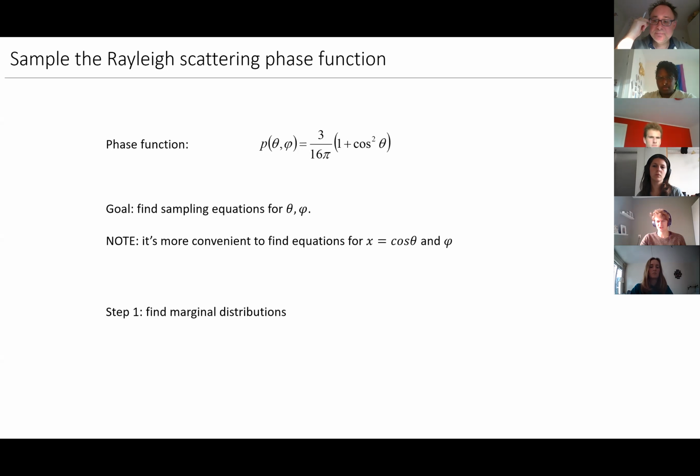So was the marginal distribution the 1 over 2 pi for? Yeah, that was the one for phi. Okay, it was just 1 over 2 pi, and then for the marginal distribution for theta, yeah, that was 3 over 8, 1 plus cosine squared theta. Yeah, exactly. Then you can just multiply this expression here with 2 pi.